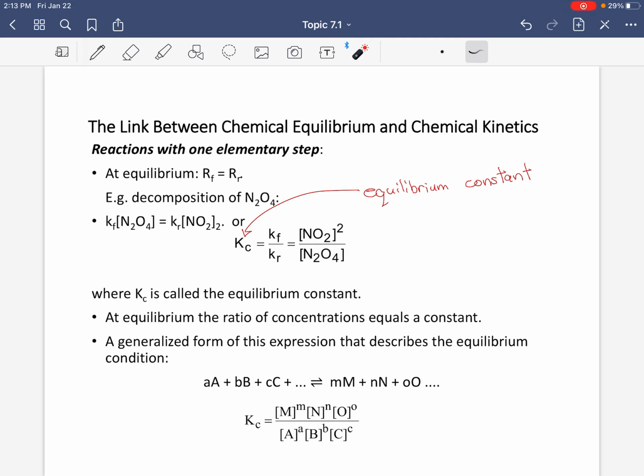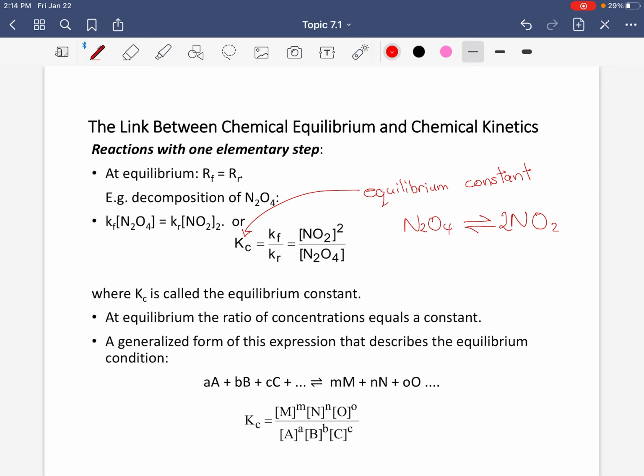Now let me write this equation, because I'm surprised that I did not write this equation. That you have N2O4 decomposing to give you NO2. Okay? First you have to balance this. All right? If I say, when will the forward reaction equal the speed of the backward reaction?